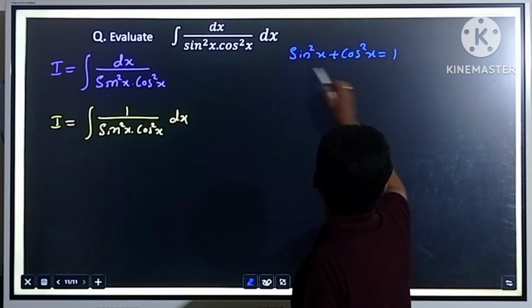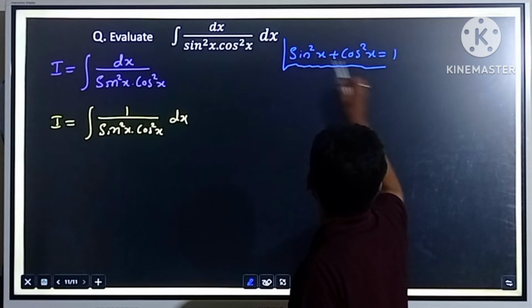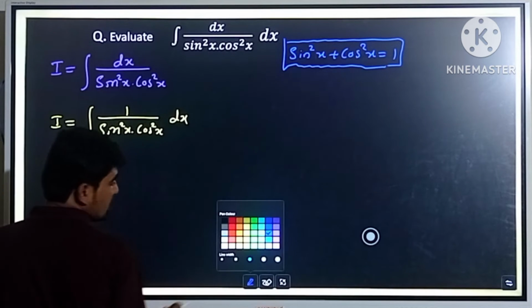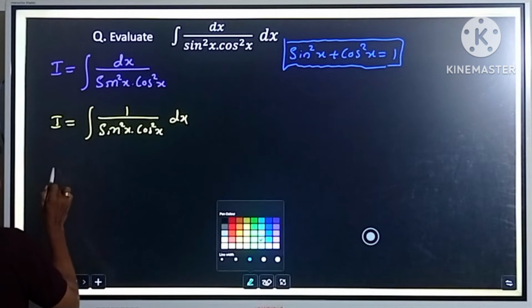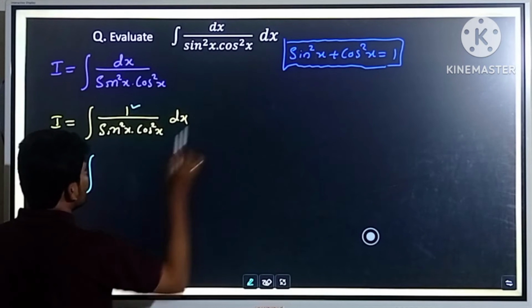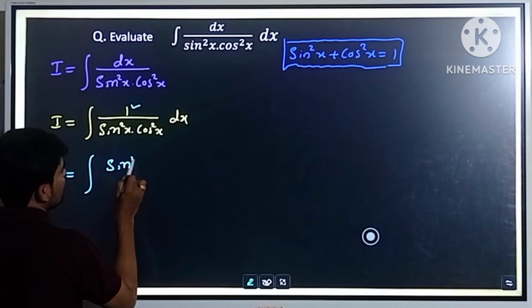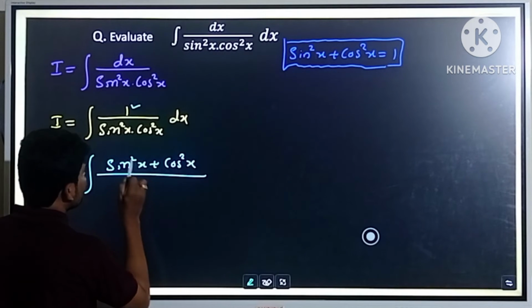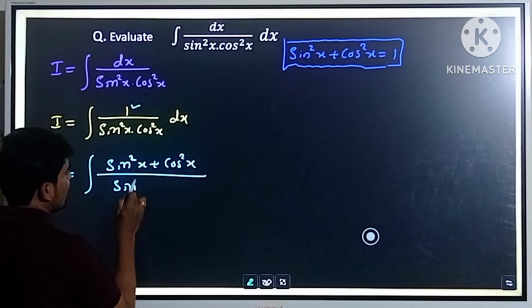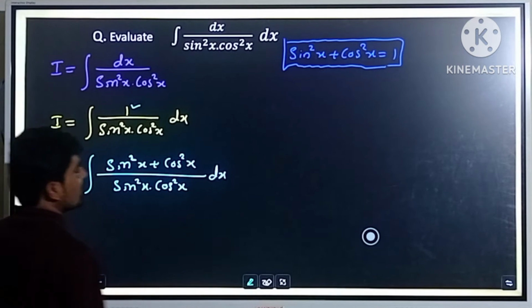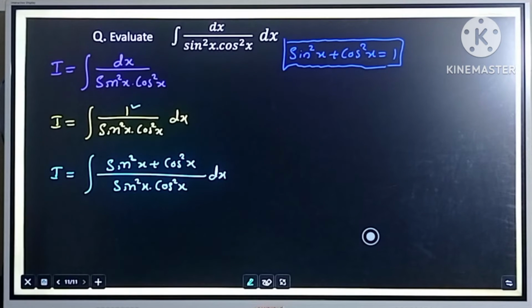So by using this basic identity, the given integration problem, I can be expressed as I is equals to integration of, in place of 1, we can write sin square x plus cos square x divided by sin square x into cos square x with respect to x. I hope all of you are understanding.